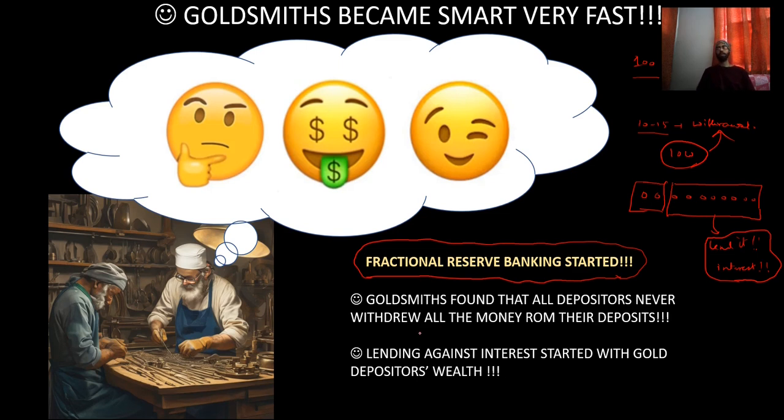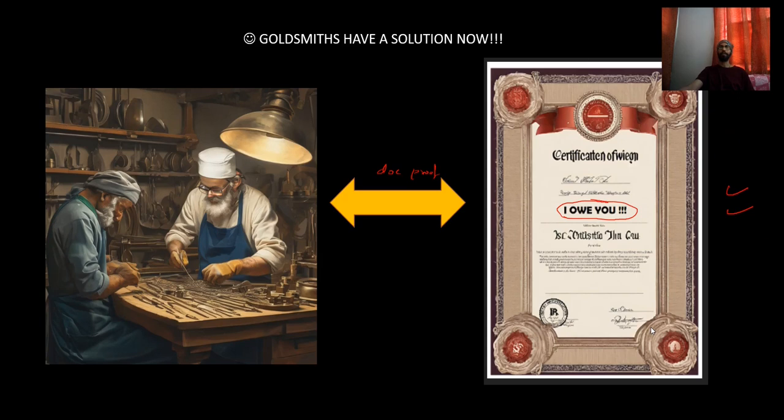Now slowly it happened that because of storage issues, theft, and security issues, people would not even take out their gold coins. The exchanges started to happen only with the IOU certificates, and this kind of certificate you can call the first kind of notes or currencies.